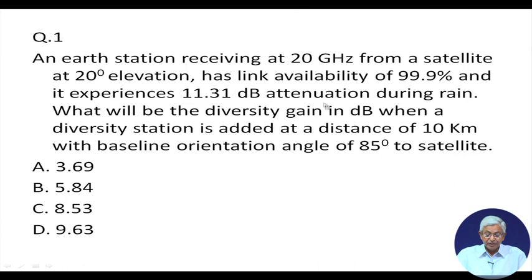As we have been given, the frequency is 20 gigahertz, elevation angle 20 degree, and the single site attenuation 11.31, and then the distance between the two sites is 10 km, and the baseline orientation angle to the satellite is 85 degree. So, let us see how the ITU model tries to solve it.